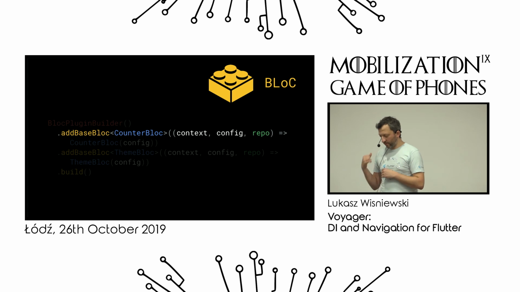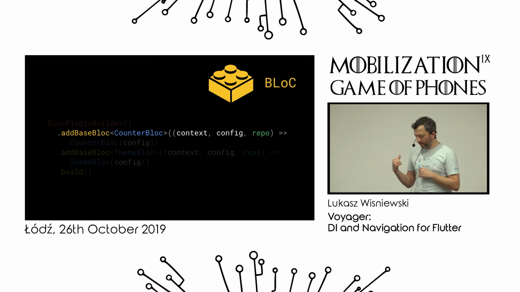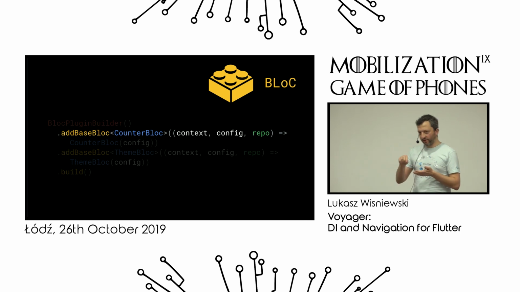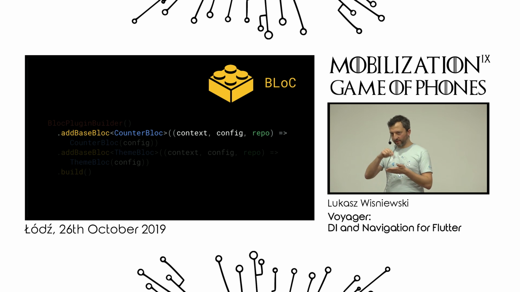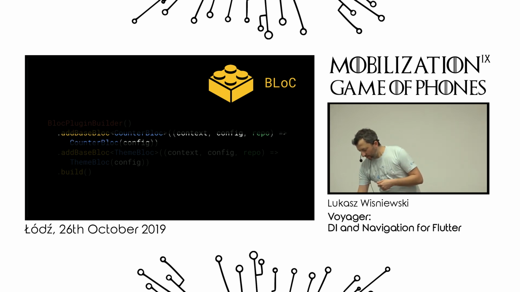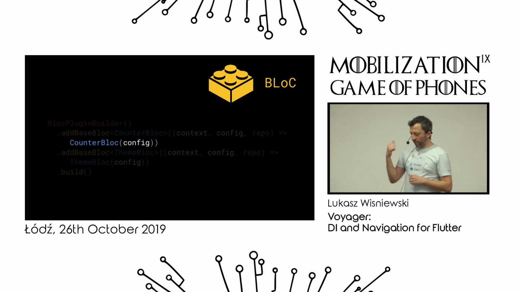It's very similar to widget plugin builder. Additionally, it also has repo. So repo lets you reference other blocs. When you have context, context is a router context, so it has parameters of the path. Config in this case will be number 42. So we supply this to counter bloc and we create an instance.